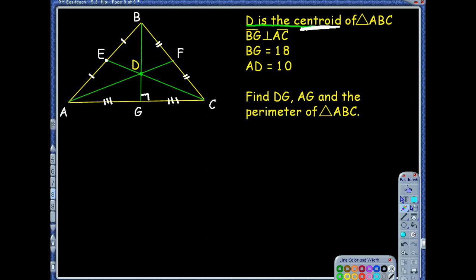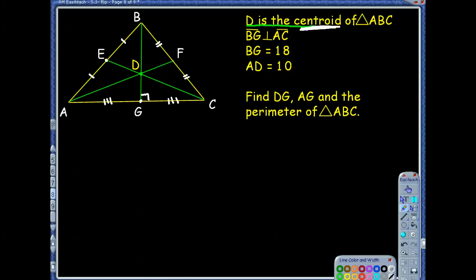Right away I'm noticing I know BG was a median, but now it's also a perpendicular bisector because it's also perpendicular to that side. There are a lot of relationships we learned with perpendicular bisectors as well. Are all the medians perpendicular bisectors then? They don't tell me that, and we cannot assume. Just BG is a perpendicular bisector, and one being a perpendicular bisector does not mean they all have to be.